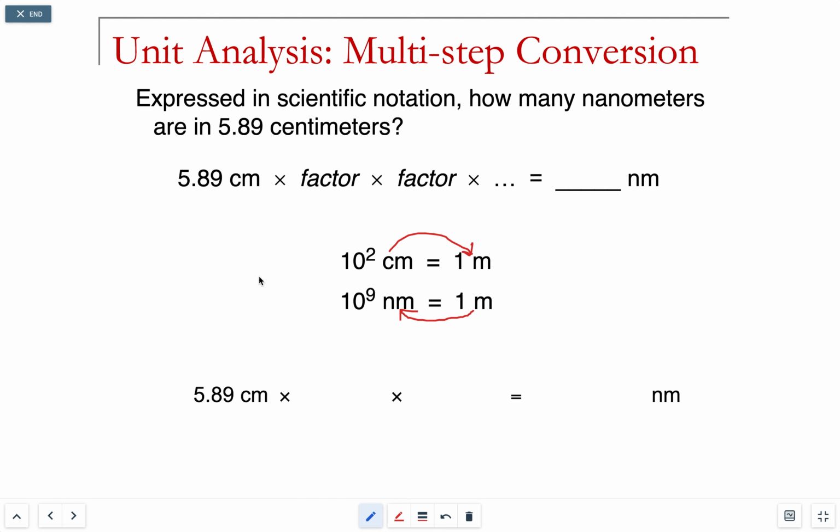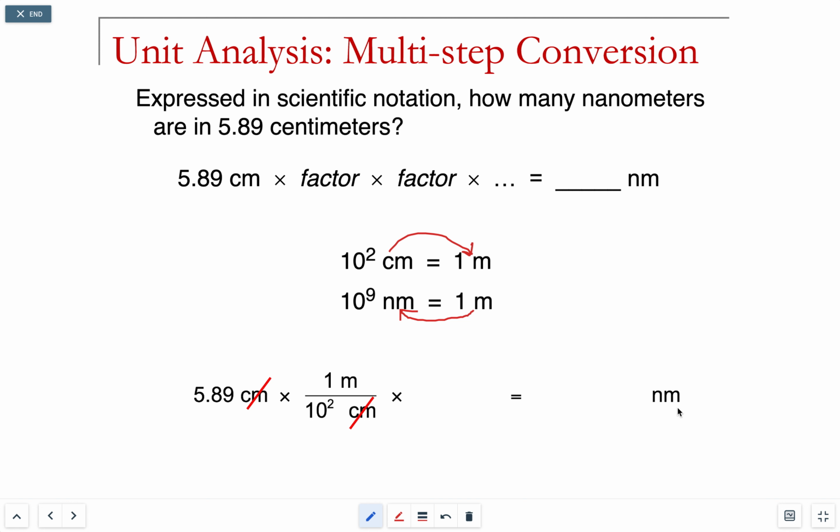So we write out 5.89 centimeters. We use this relationship to construct the proper conversion factor. What do we want? We want centimeters on the bottom, so that centimeters cancels, and meters on top. So that's 1 meter divided by 100 centimeters. If we do that, the centimeters cancels, and now if we put an equal sign, we would have calculated the number of meters in 5.89 centimeters.